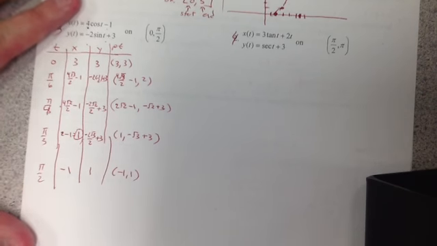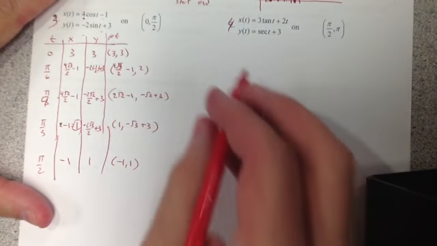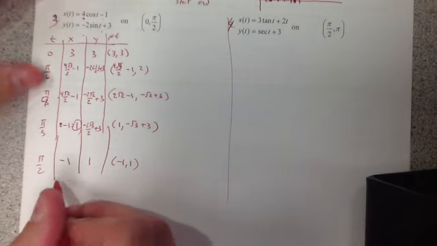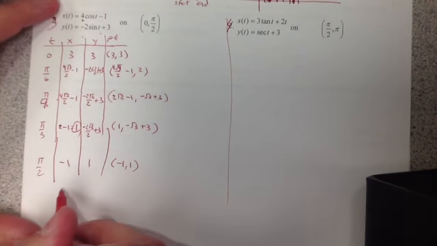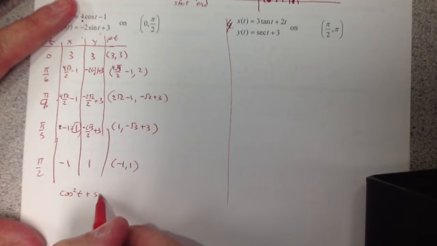All right, but that's not what I want to spend the time on. For this one, I want to spend the time eliminating the parameter. If I were to eliminate the parameter, this is different. It has our cosine and sine. For this one, I'm going to use my identity cosine squared of t plus sine squared of t equals 1.